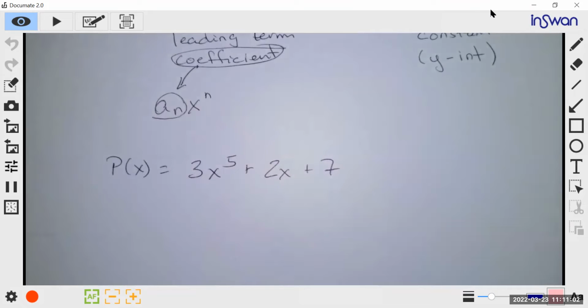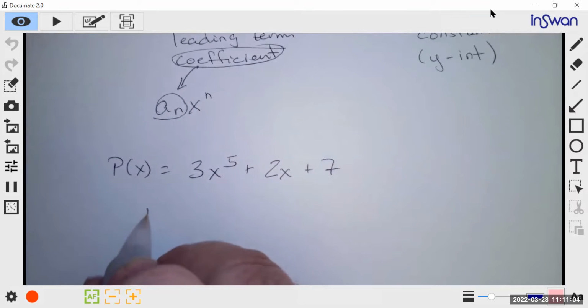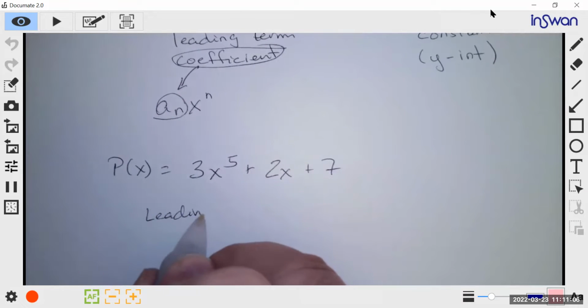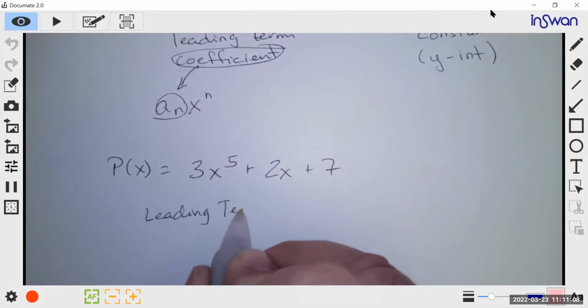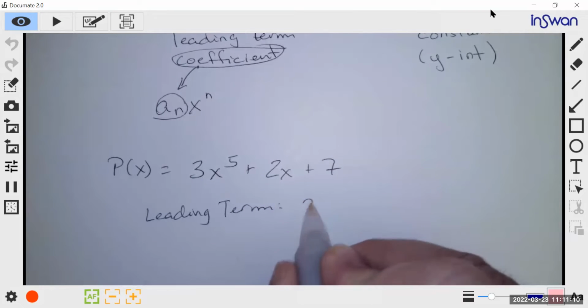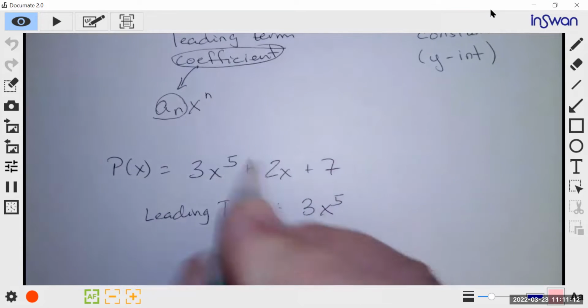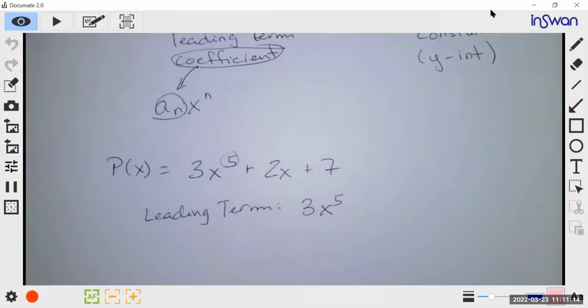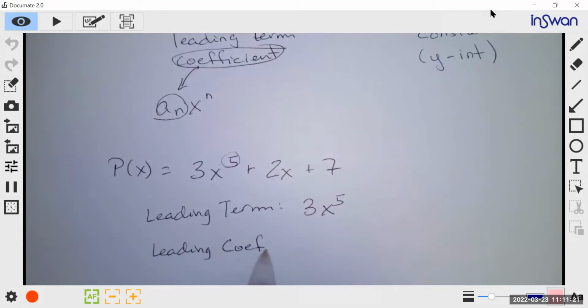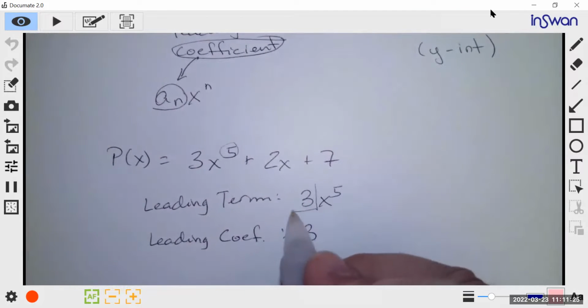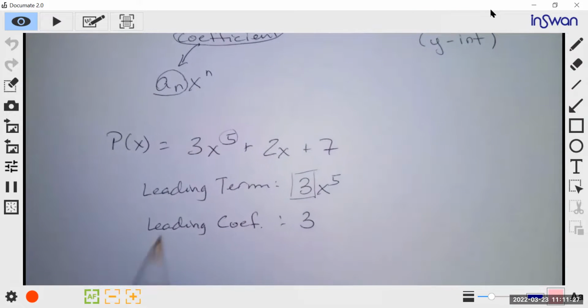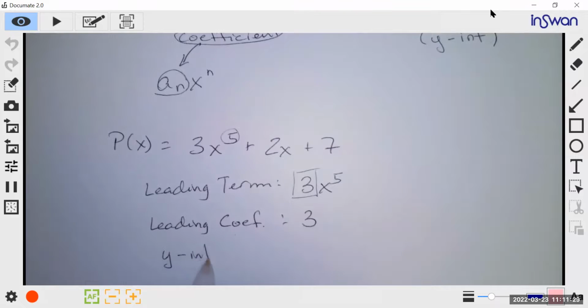So for example, if we have that polynomial, our leading term is 3x to the 5 because it has the biggest exponent. The leading coefficient is 3. It's the number in front of the x. The y-intercept is 7.